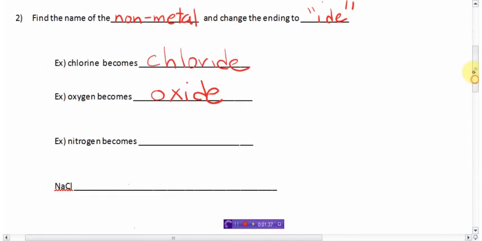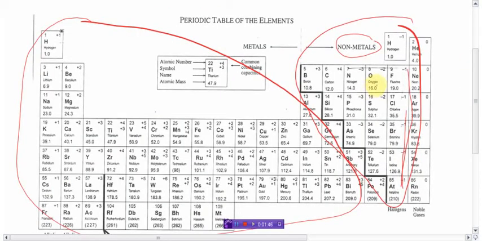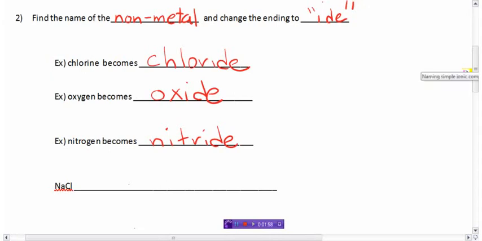Nitrogen becomes nitride. And if we look at the periodic table, sulfur becomes sulfide, phosphorus becomes phosphide, selenium becomes selenide, and some of the other ones we can talk about later on.